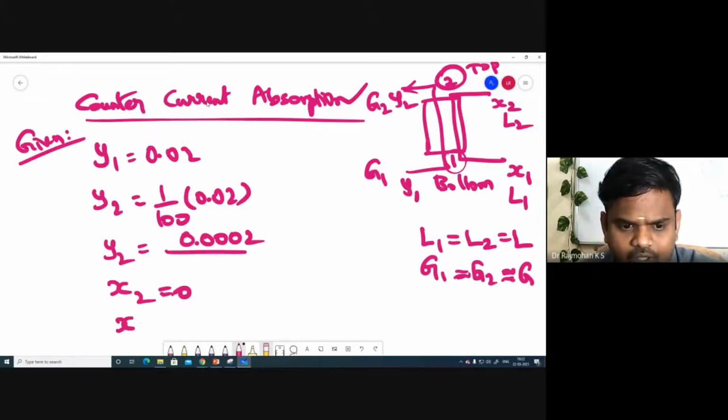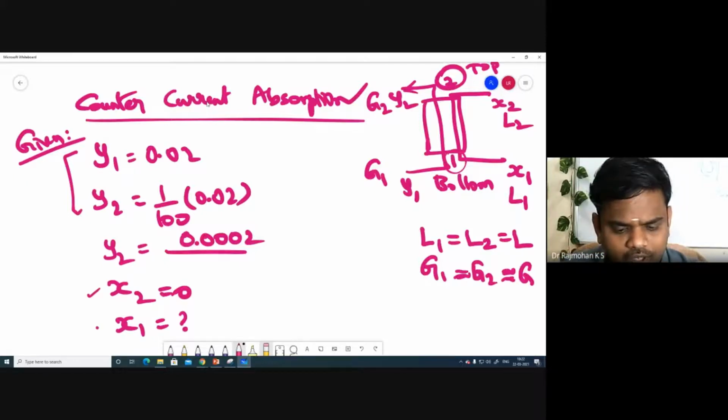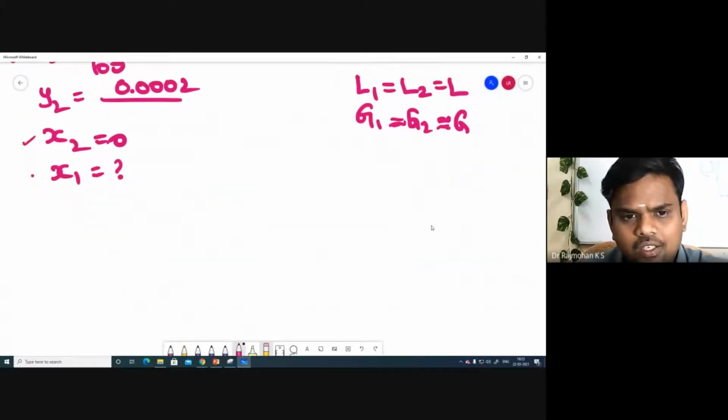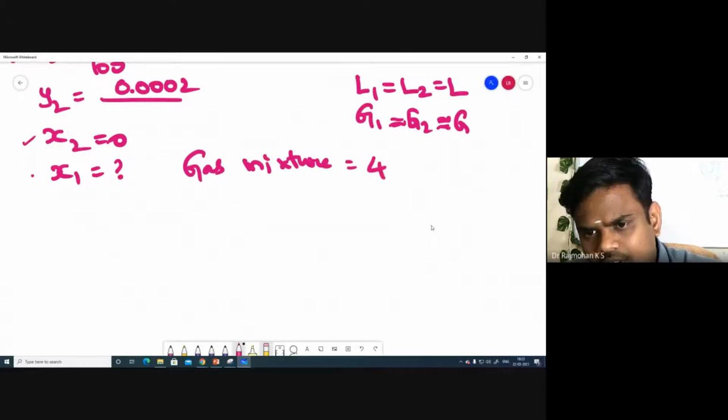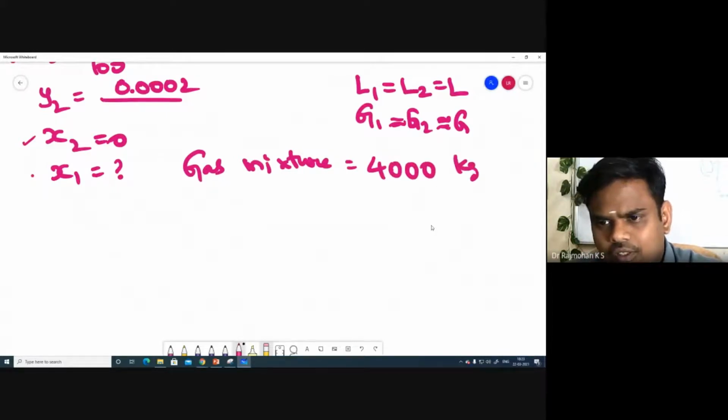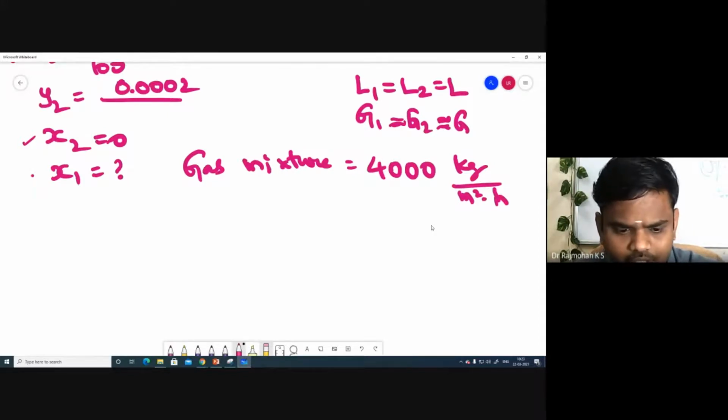Do we have the x1 value? No, because x2 we know is 0, and x1 we have to find out. Gas mixture is given as 4000 kg per meter square hour, and the liquid flow rate is given.